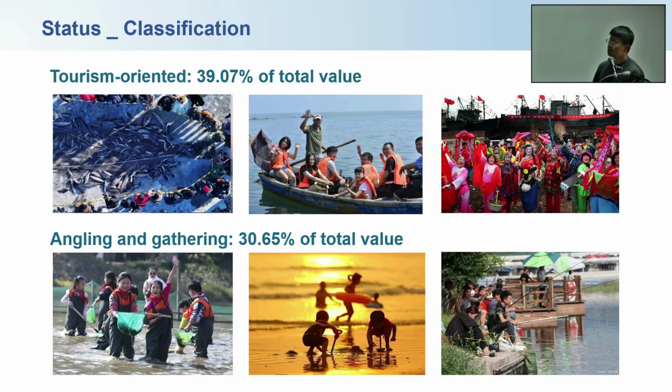The second type refers to angling and gathering. Angling refers to marine recreational fishing and freshwater recreational fishing. Gathering includes activities like collecting crabs and shells on the beach. These two are the most important parts of China's recreational fisheries.